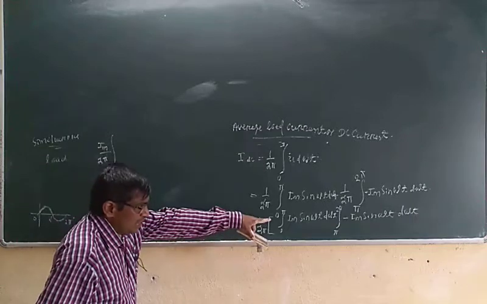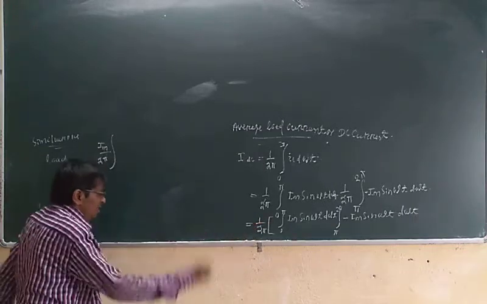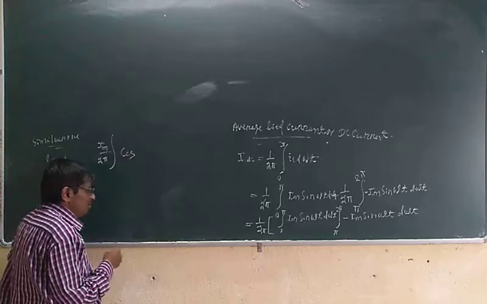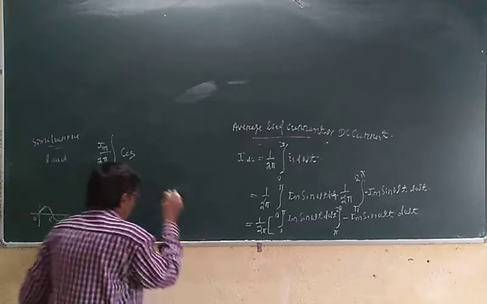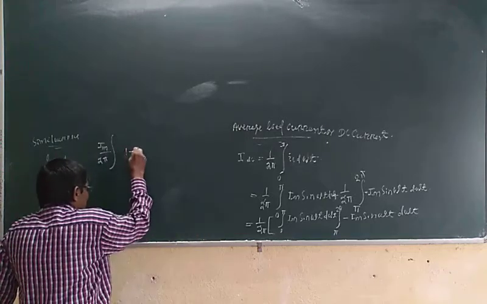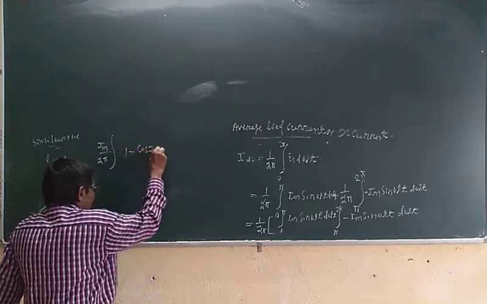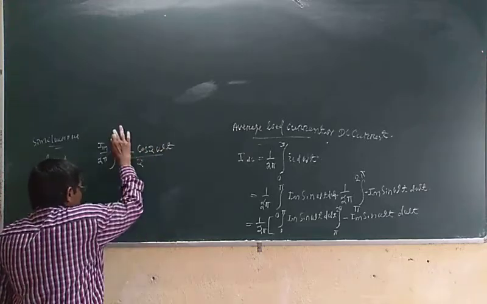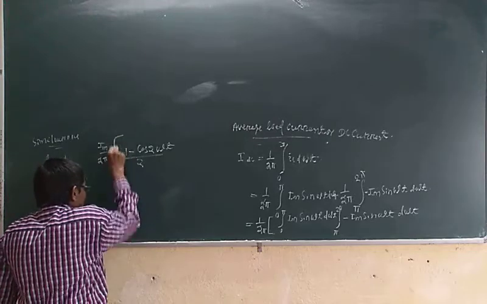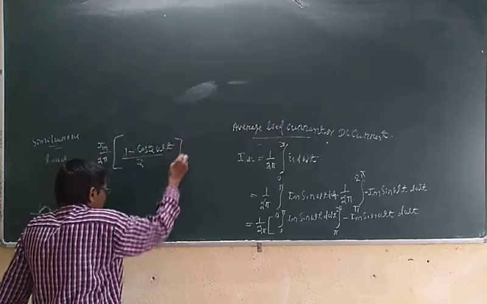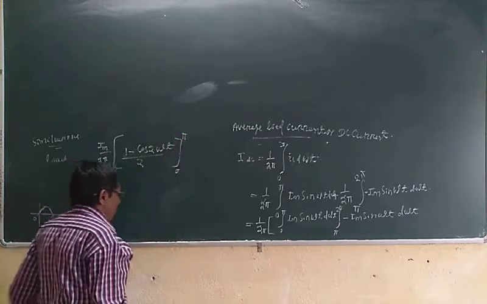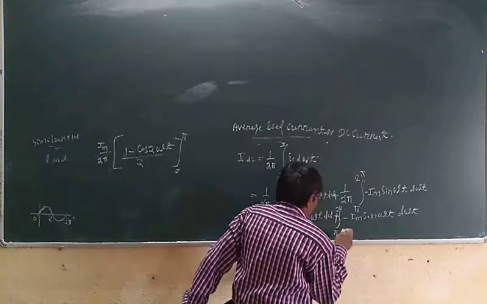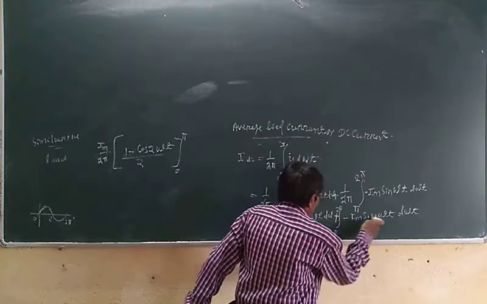Now again sin omega t d omega t integrating: sin squared is 1 minus cos 2 omega t divided by 2. This is the integration with the limiting value of 0 to pi. Again the minus point, here is a plus, and the minus is common.